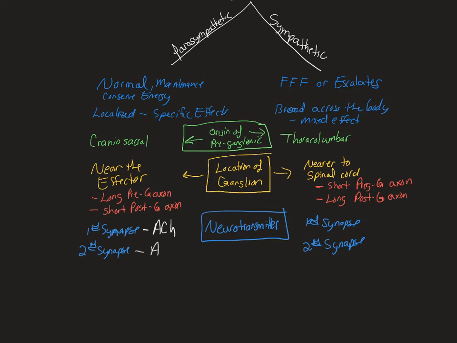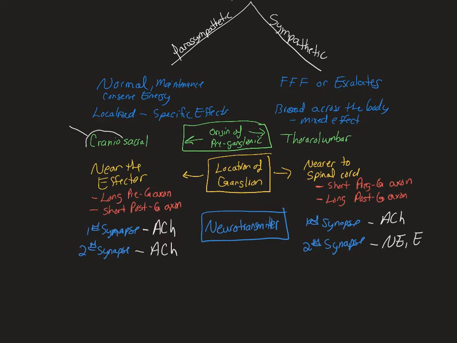And at the second synapse, you're going to use acetylcholine, okay? However, with the sympathetic division, you will use acetylcholine at the first synapse, but the second synapse is going to use norepinephrine or epinephrine, okay? So this is really narrowing it down for you. And again, you've got all the note slides, but this essentially is something that you need to be writing out multiple times, okay?